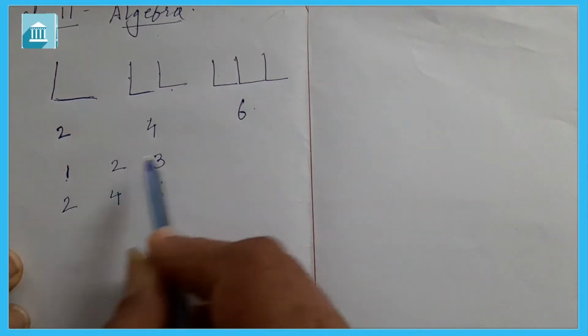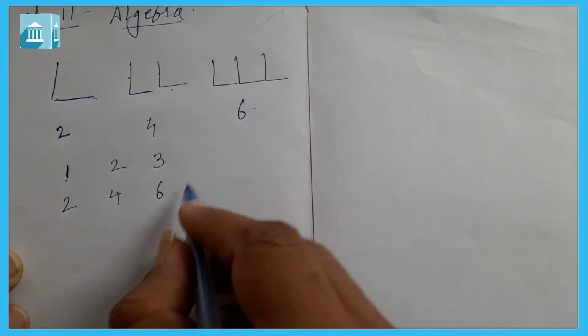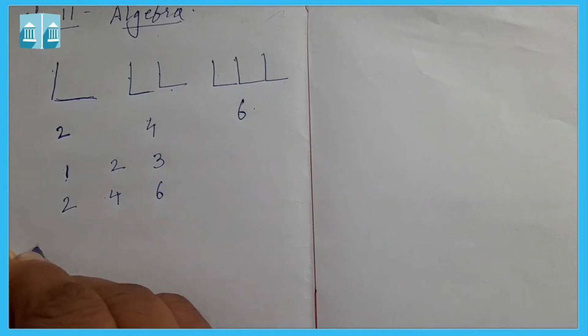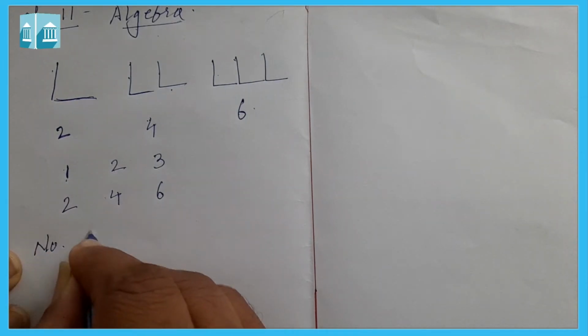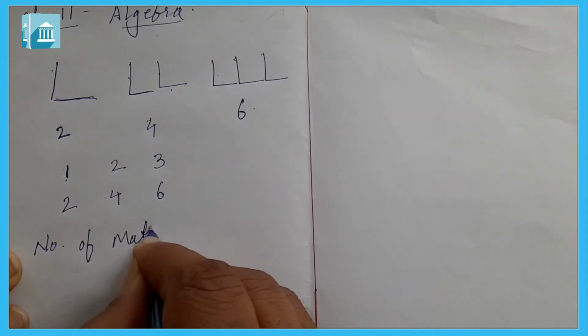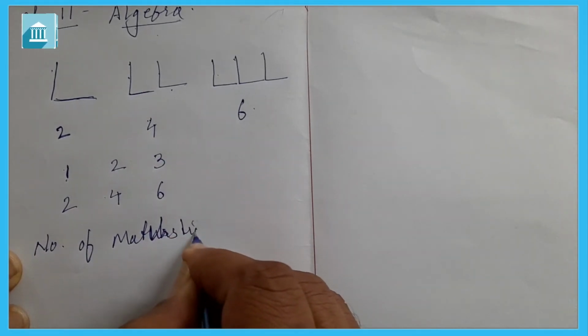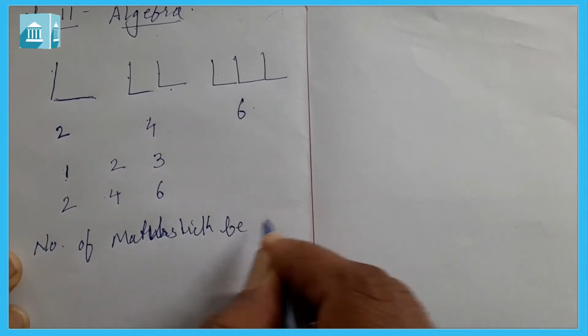So what is common here is that if we take the number of L's to be n, then the number of matchsticks needed will be 2n, 2 into n.